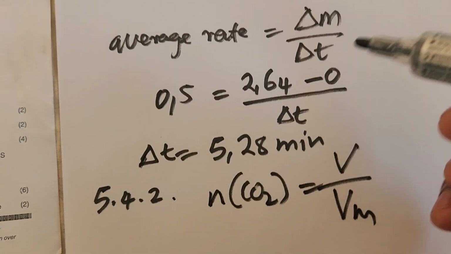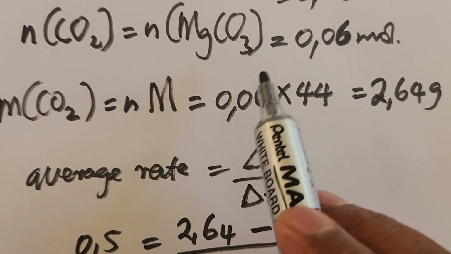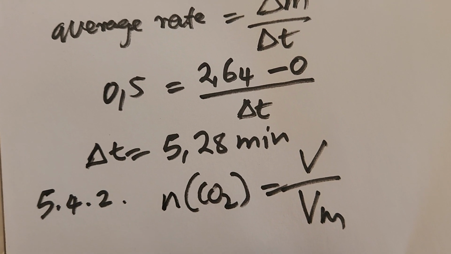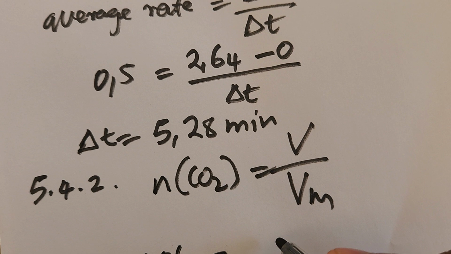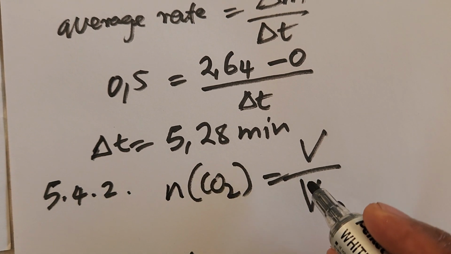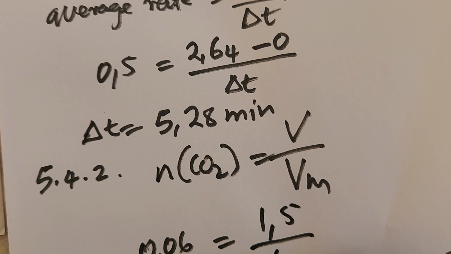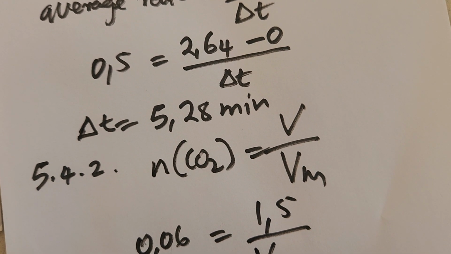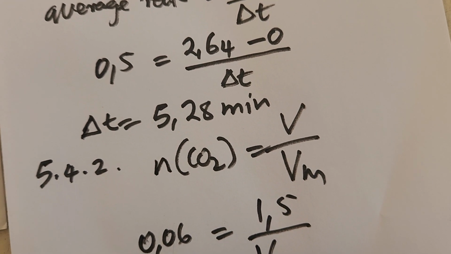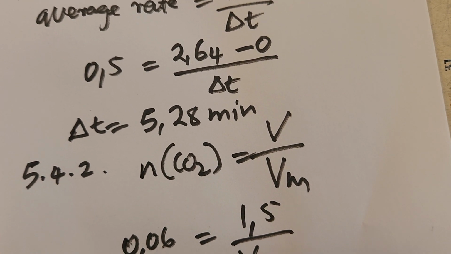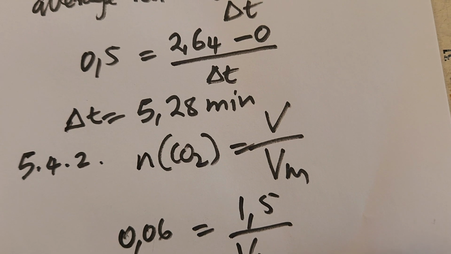We know the number of moles of carbon dioxide that was produced is 0.06. So 0.06 equals V, the volume produced, which is 1.5, over Vm. If you use your calculator well, you'll find that the molar gas volume will be somewhere around 25 dm cube.